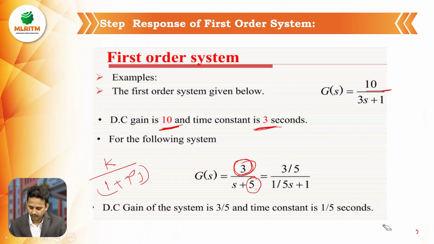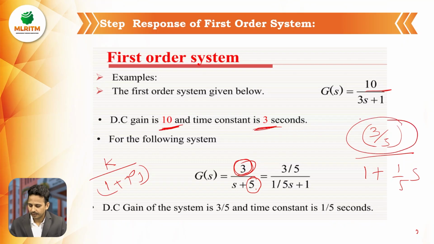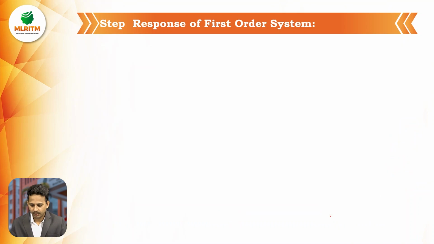If I take 5 as common, 3 by 5 will be in the numerator and 1 plus 1 by 5 into S. So this is the DC gain and this is the time constant. DC gain is 3 by 5 and time constant is 1 by 5.